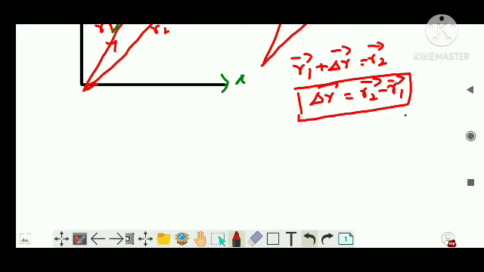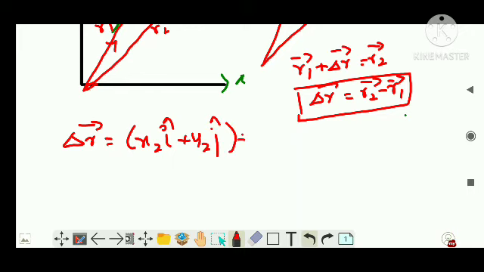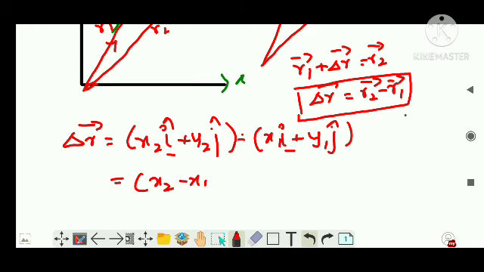Now let's substitute the value of R2 and R1, which we have written in terms of x1 i cap and j cap. So delta R vector, in place of R2 I will write x2 i cap plus y2 j cap, minus x1 i cap plus y1 j cap. So keeping the i cap common, it becomes x2 minus x1 i cap plus y2 minus y1 j cap.